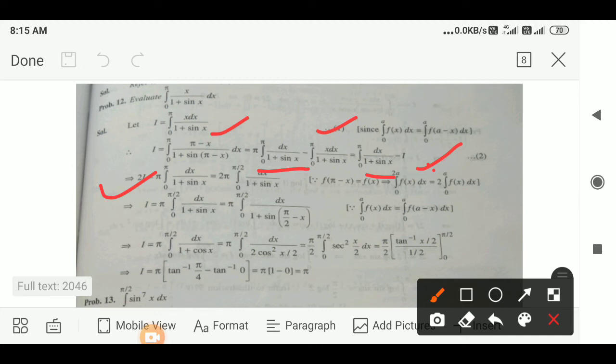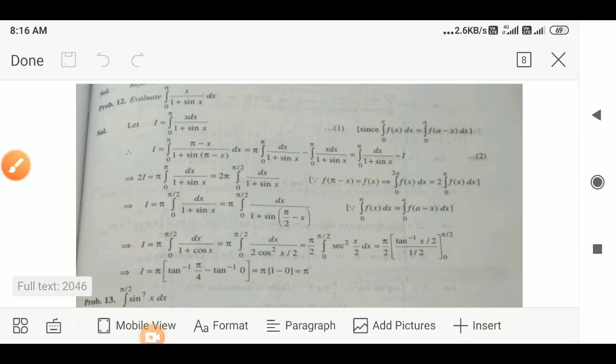We have another property, this one. If f(2a minus x) is equal to f(x), then integral 0 to 2a of f(x) dx is equal to 2 times integral 0 to a of f(x) dx. This is the property.